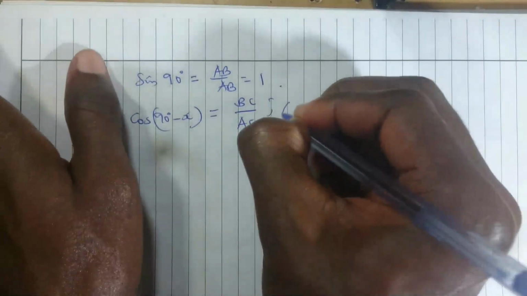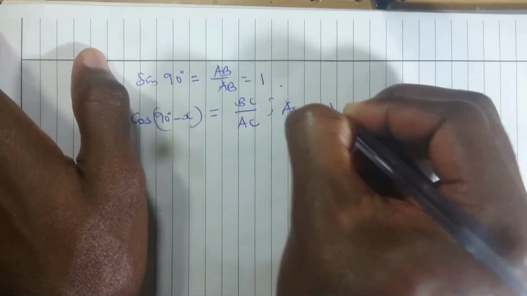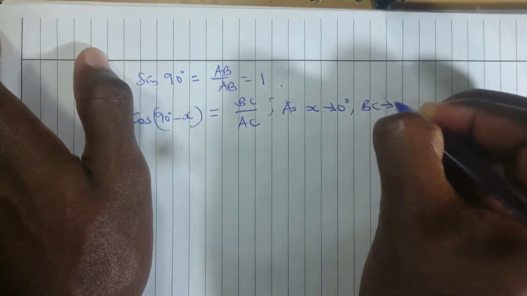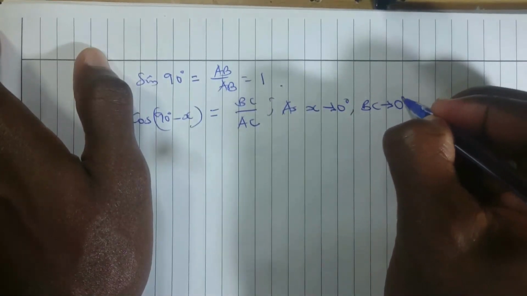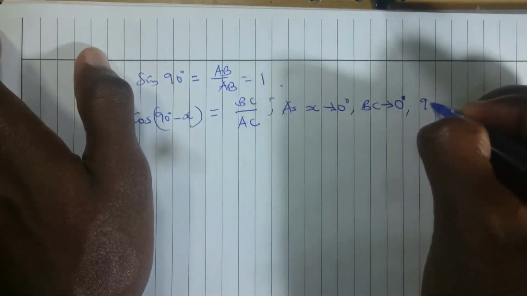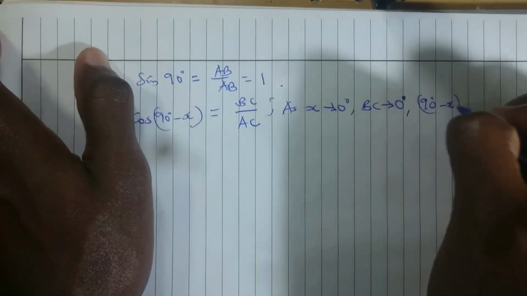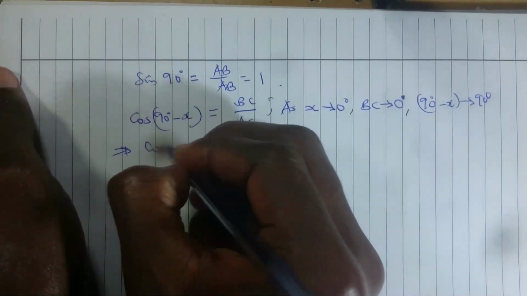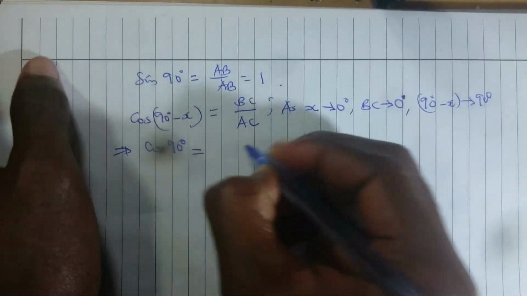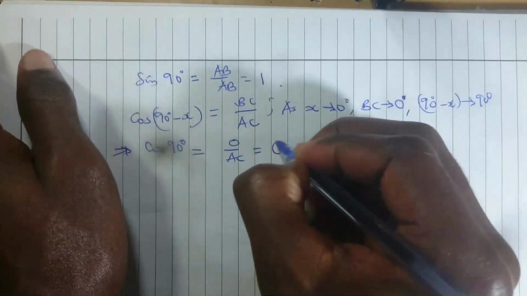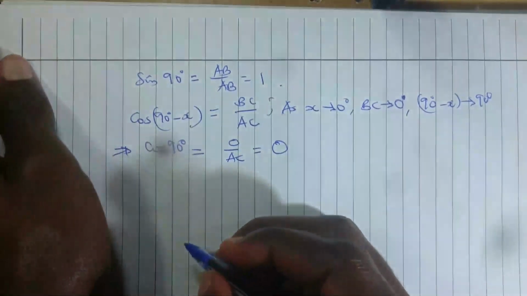But as x tends to 0, BC tends to 0, 0 in units, not in degrees. And 90 minus x would tend to 90 degrees, implying our cos of 90 degrees will now become BC, which is 0 out of AC. So that we have 0 for cos 90.